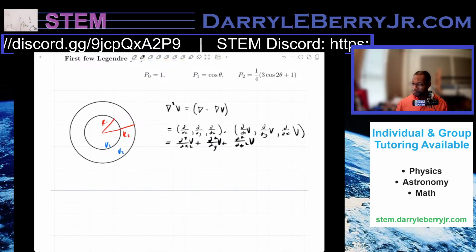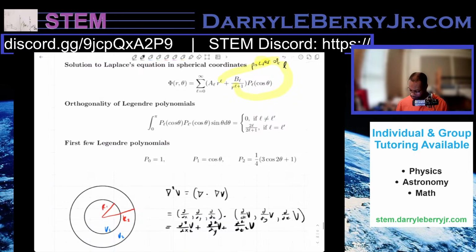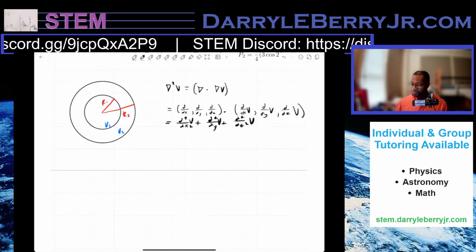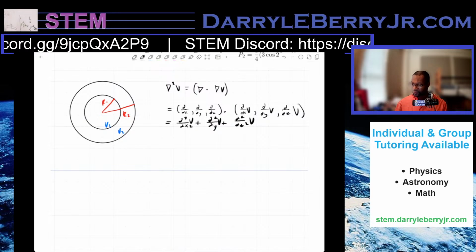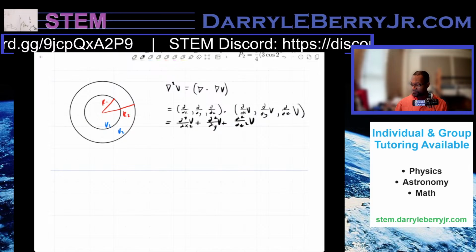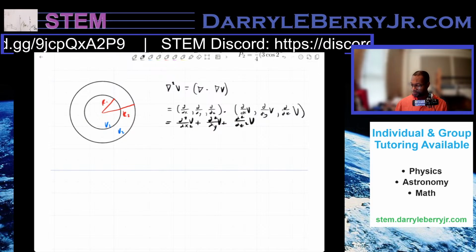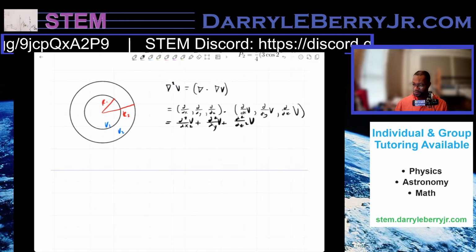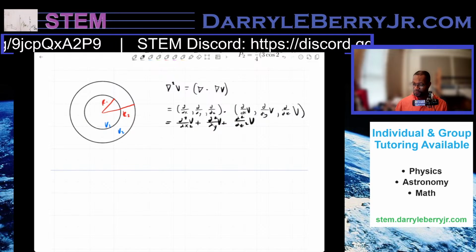So the spherical del. Let me see if I can find, I have it written down as the one with the V already added. Let me just find the default one.